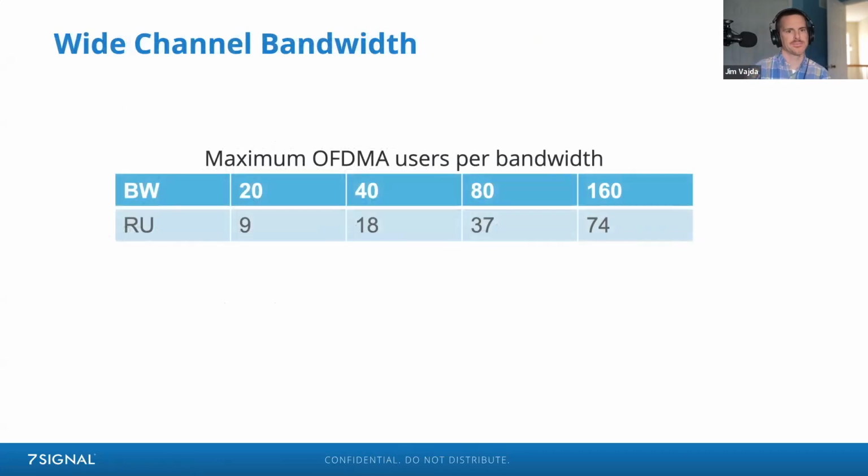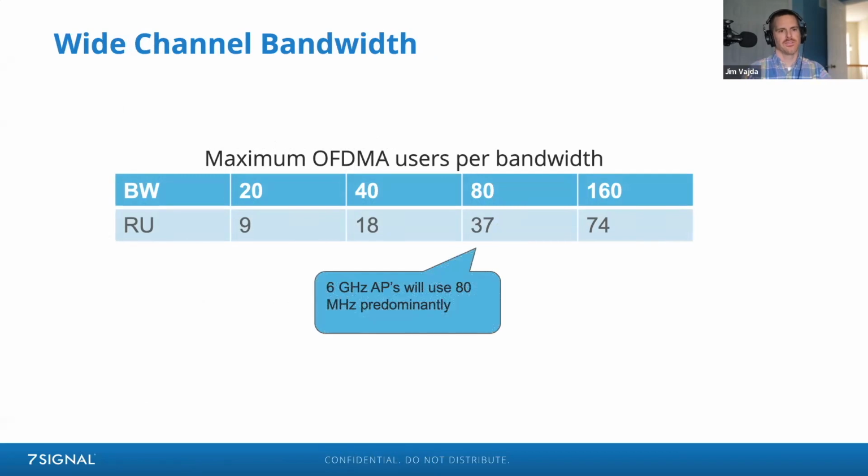But I mentioned that wider channels allow more users to be scheduled at once. I think this may have played into that scenario. You may have noticed it was 20 megahertz channel width, which is a common channel width in 2.4 and 5 gigahertz to use in the enterprise.